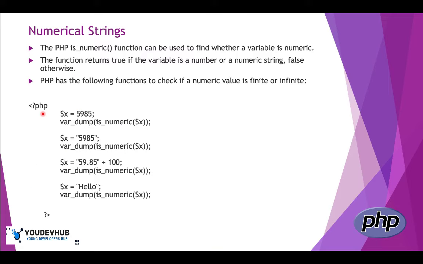Then we have numerical strings. In PHP, the numerical string function can be used to find whether a variable is numerical. That is, we are given a variable and we don't know what form it comes in. We can use the numerical function to determine whether the entry given by the user is a numerical number or not.